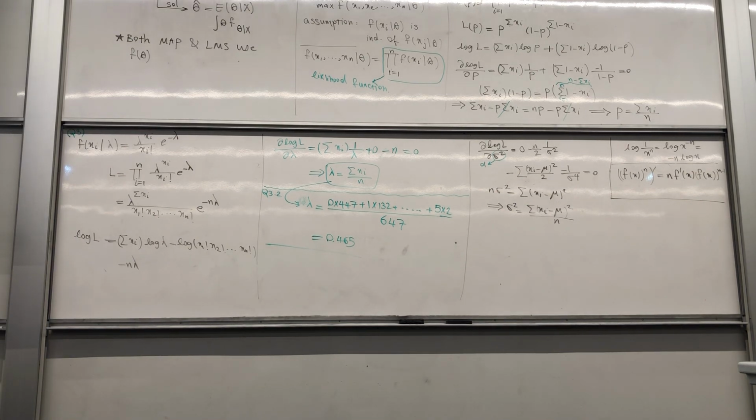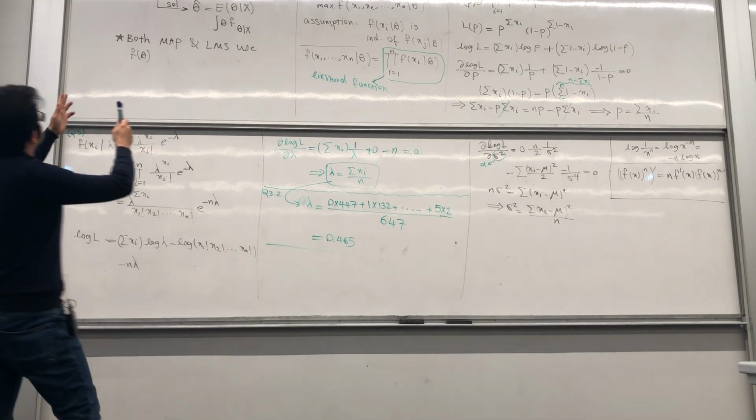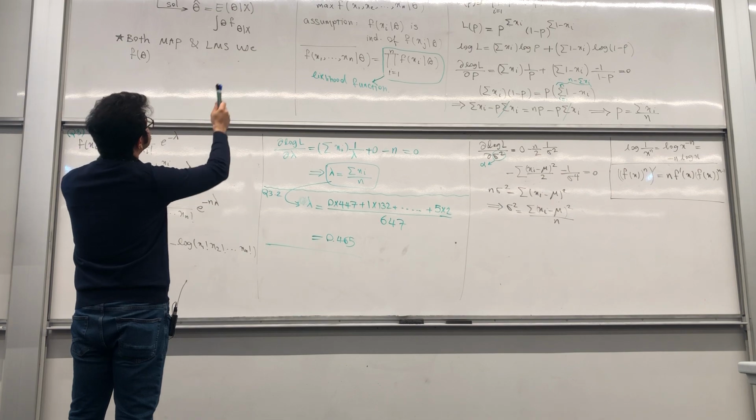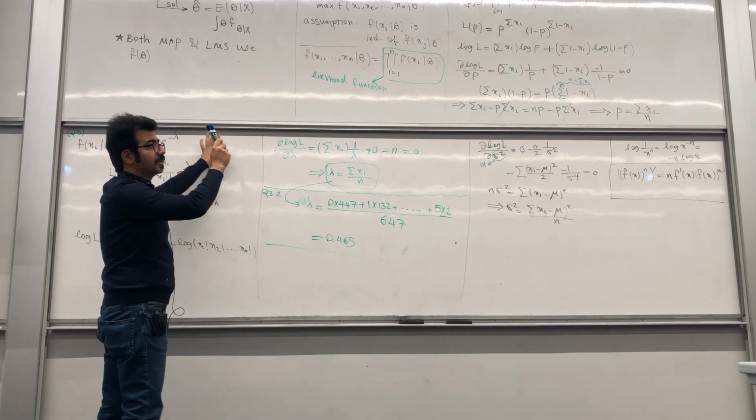So we solved 3 similar questions from maximum likelihood estimation. Each of them had a different assumption over the variable xi. One of them Bernoulli, the other Gaussian, the third Poisson. The only thing that matters here is how you can distinguish between MAP, LMS, and MLE. Again, let me recap.